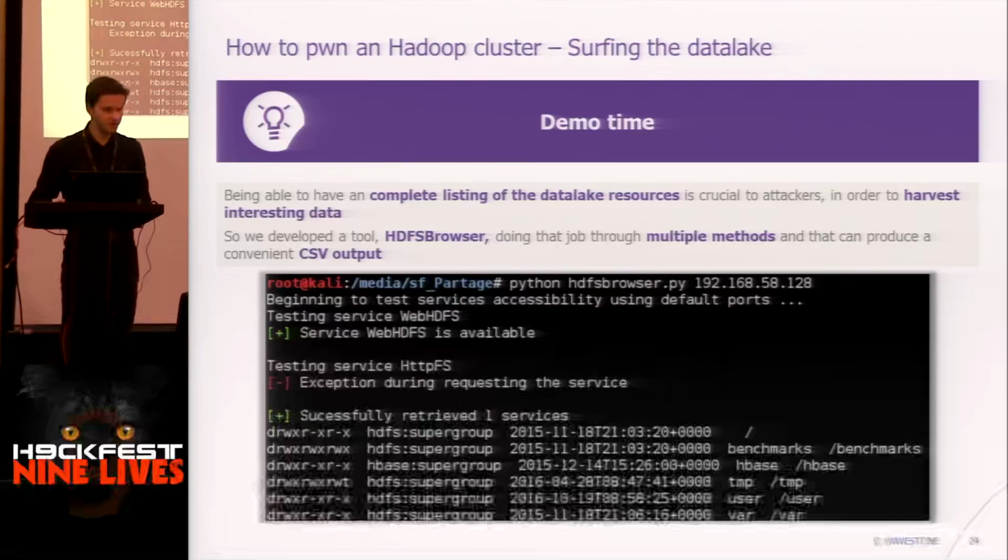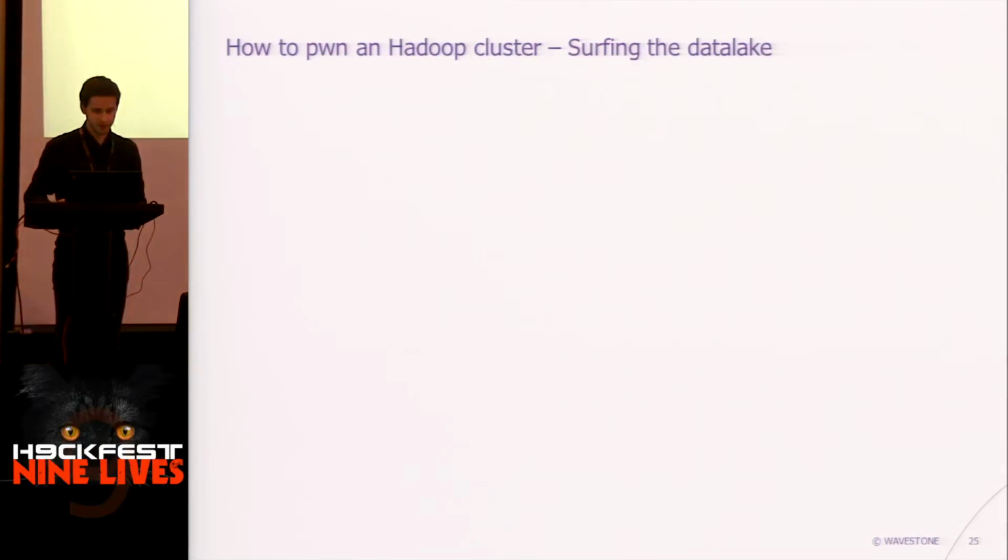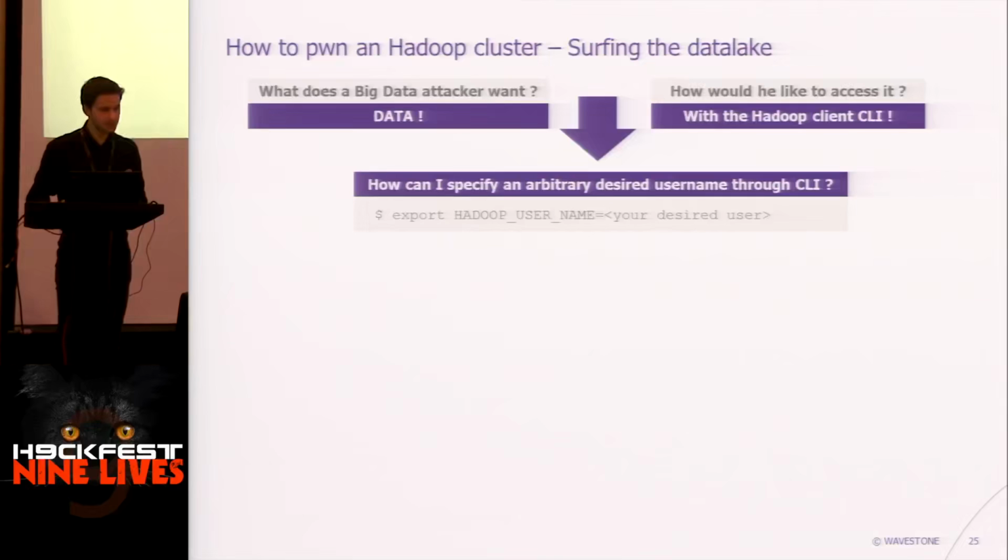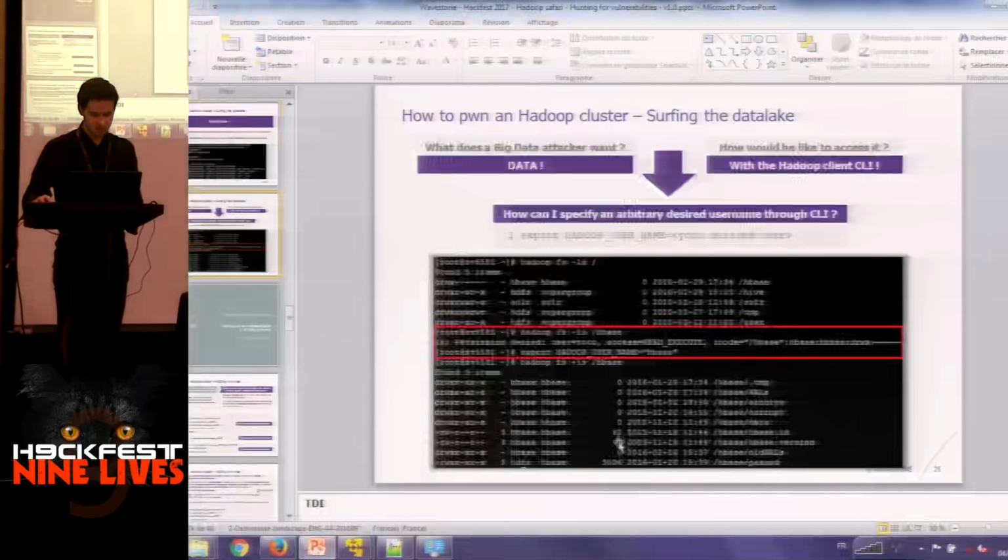We created a dumb script named hdfs-browser in order to list everything. In simple authentication, it will automatically fill the user.name parameter and give you a nice CSV tree of the repository. Now, if you want to do the same through CLI, because Hadoop at the beginning, and less and less now, was all CLI and you have native Hadoop clients, you can perform the same.